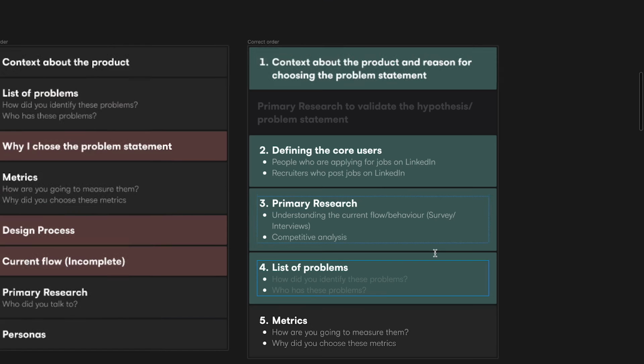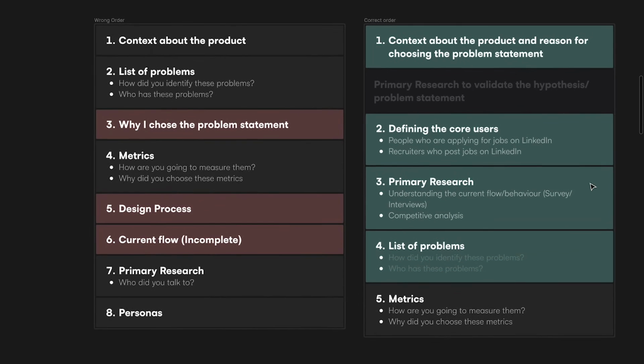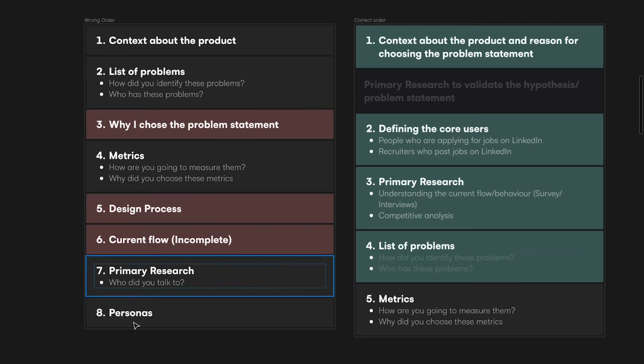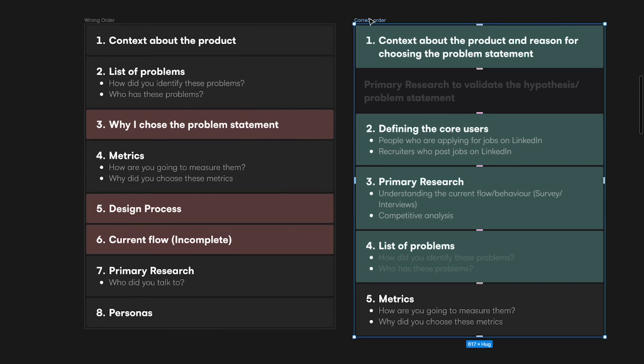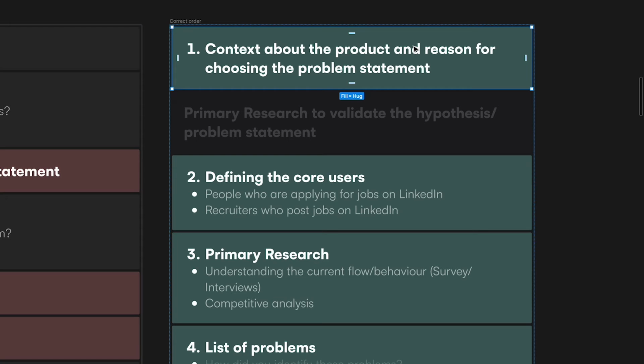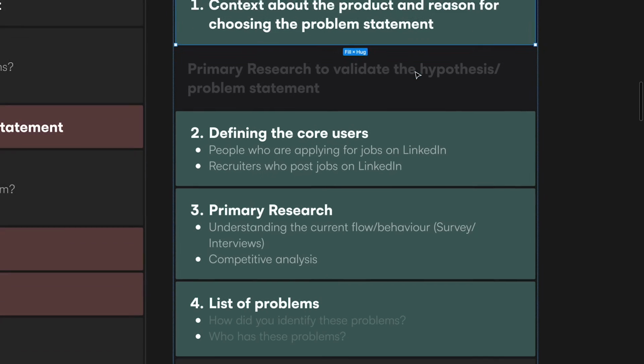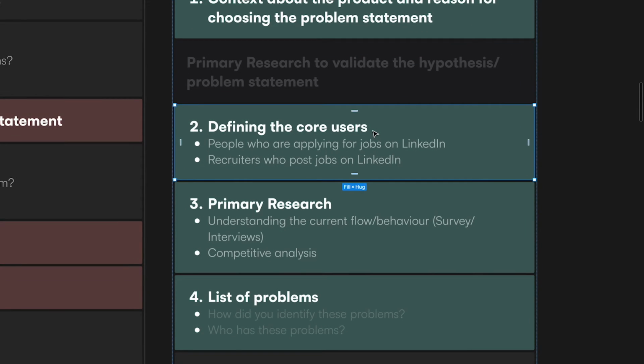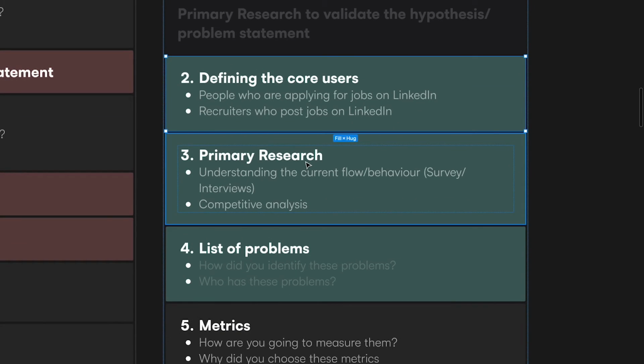So if we look at the story that we're trying to build over here, it is completely different from this. And this, as you can see, is not rocket science. It's just common sense. There is a core problem. There is some context about the product and the reason for solving the problem. You identify who the users are. You talk to the users and gain insights by doing competitive analysis or probably doing user flows and interviews to understand the current behavior.